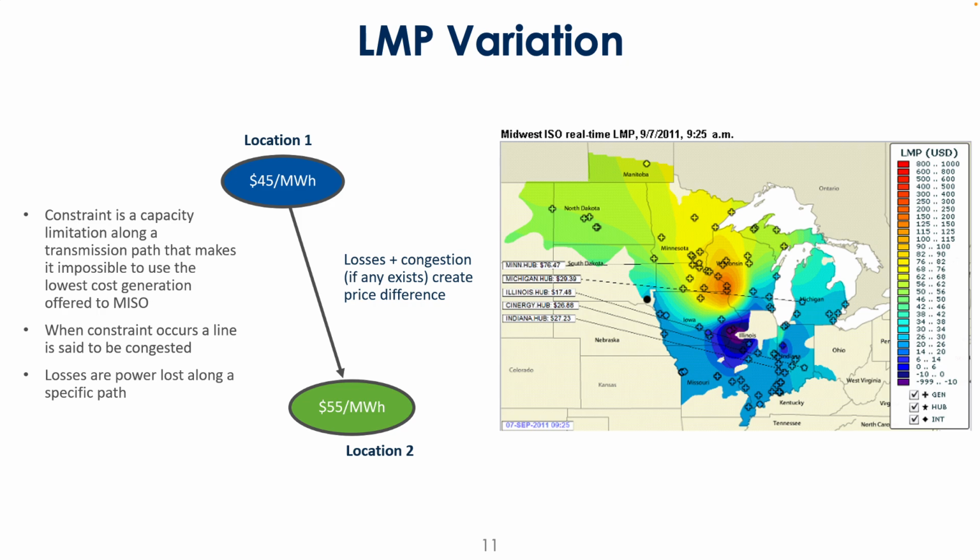Maybe that one still has room to ramp up, but this transmission line is completely full. That could be another reason that you have a higher price here, right? You actually will have to use a more expensive generator because you can't actually get the electricity from the cheap one to where it needs to be.